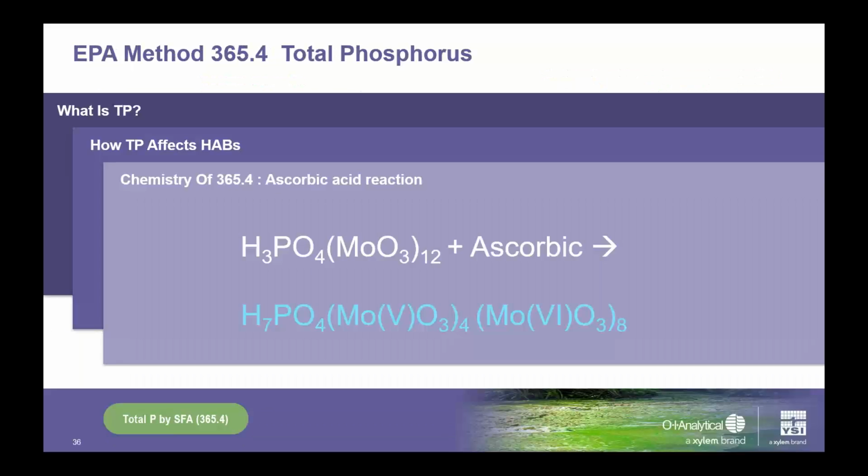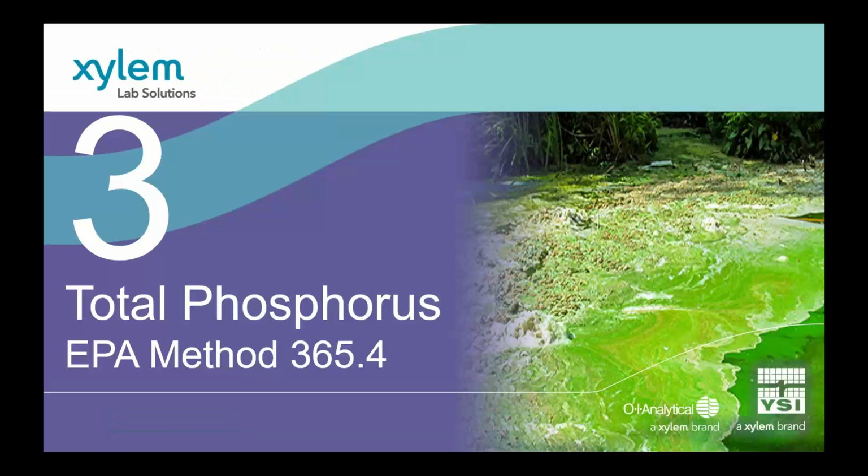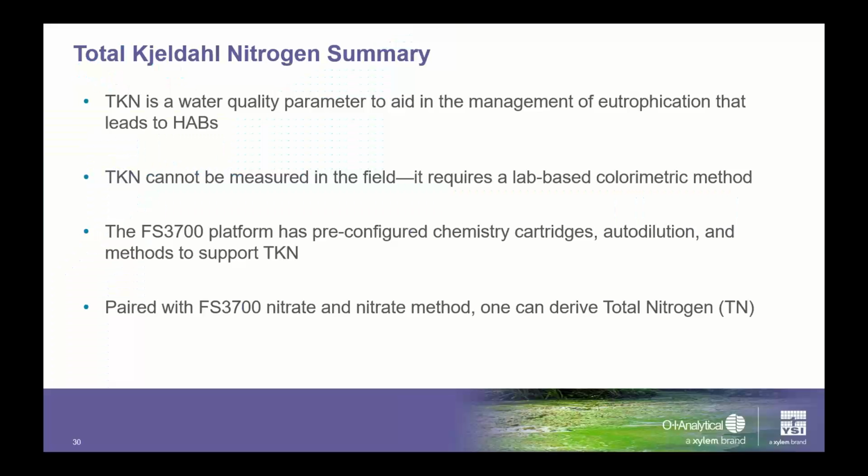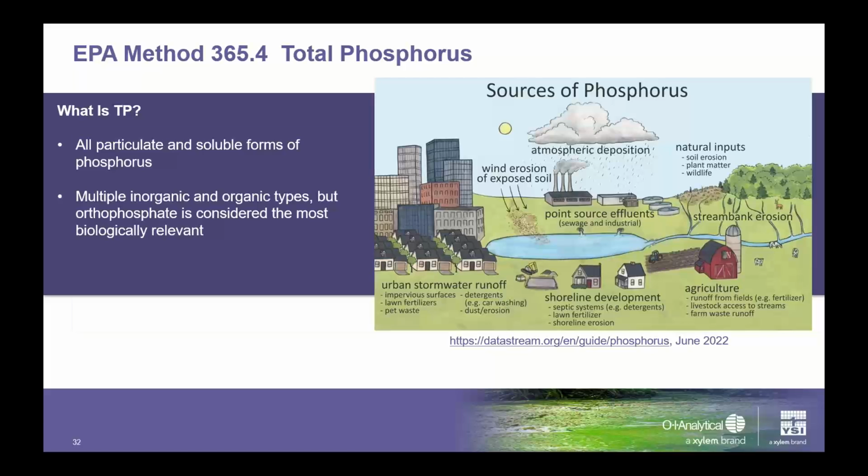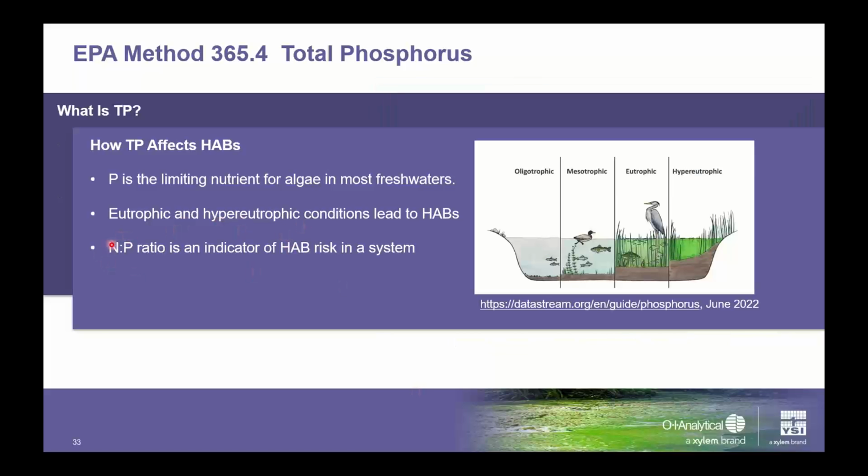To remind everyone what that question is about, I mentioned on this slide right here, the N to P ratio. This is sometimes called the Redfield ratio, and it's really, really important particularly in saltwater environments, but they have come to learn that it's very important in freshwater environments as well.